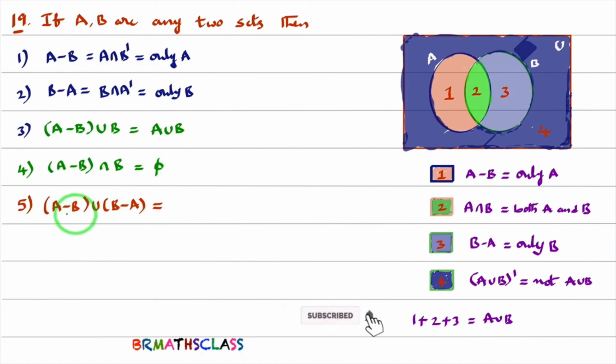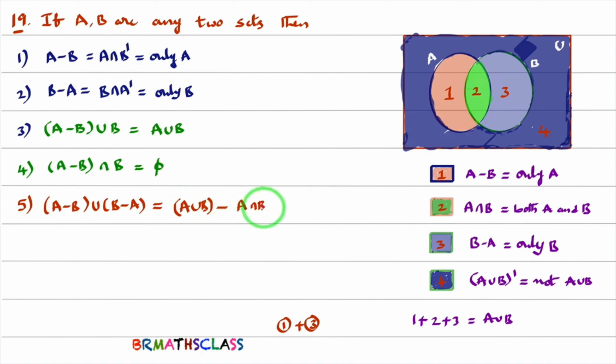You observe this: A minus B union B minus A. A minus B means which part? A minus B means part 1, and B minus A means part 3. So A minus B union B minus A is part 1 plus part 3, which can be written as A union B minus the second part. What is the second part?